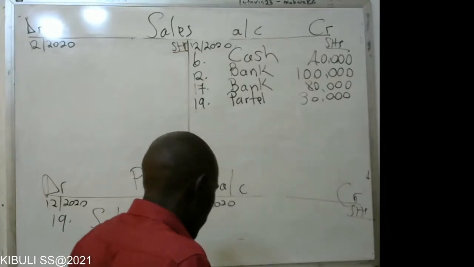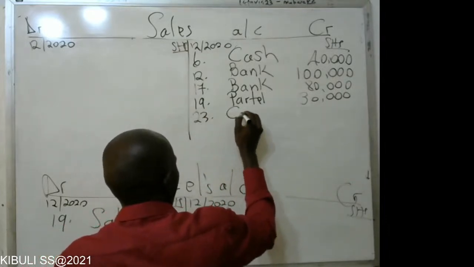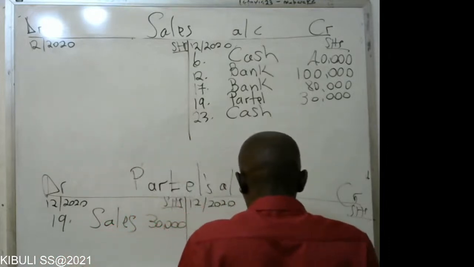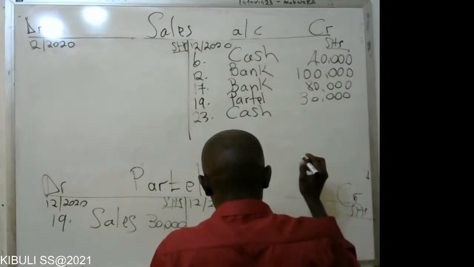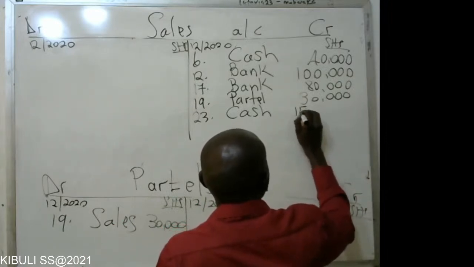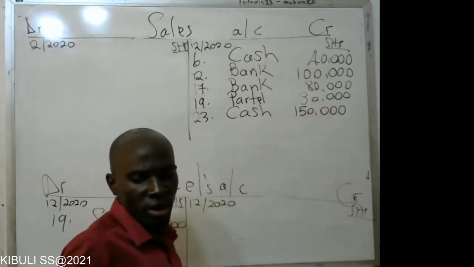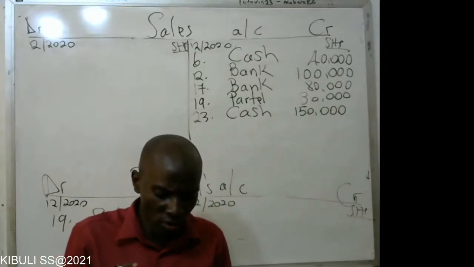That was on cash. So you see that in the cash book we debited, so here we are going to credit. Cash sales 150,000. We have recorded that transaction.